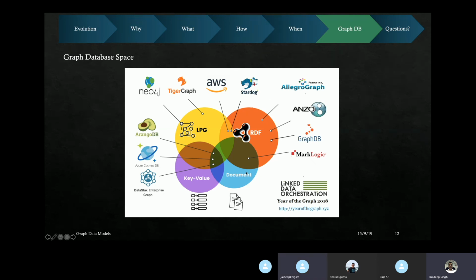And then there are document databases and key-value stores. This is quite new, Azure Cosmos DB, which falls somewhere here. The complete graph databases are Neo4j and TigerGraph, because they provide the storage mechanism as graph and the processing mechanism as graph also.